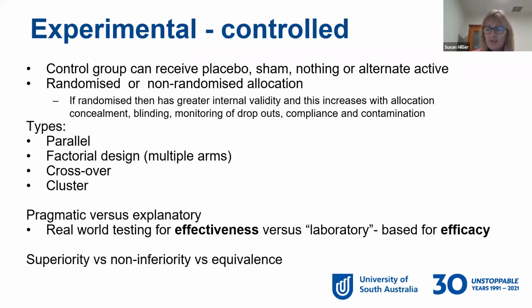So a cluster coefficient needs to be applied when you are organising your sample size and when you're conducting your analysis. However, it does make for a more realistic result. And again, as I said, it controls for contamination, where if you're within one service and you are randomising at the individual level, the intervention that you're looking at may be observed by participants in the control group and contamination can occur.